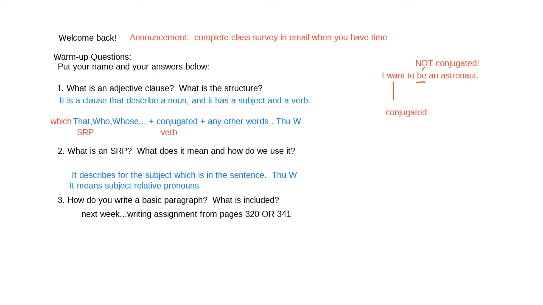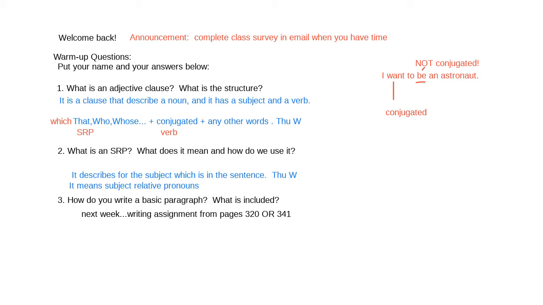Okay, but why? How do I know if it's conjugated or not? Because they mix with the subject. If the subject is she, they have an S in the last word. That's right. Good. How do you know if it's conjugated? If it's conjugated, that means when the subject changes, the verb will have to match it.